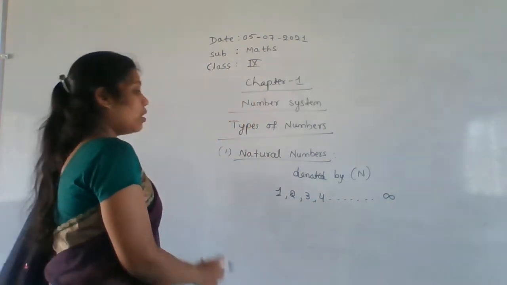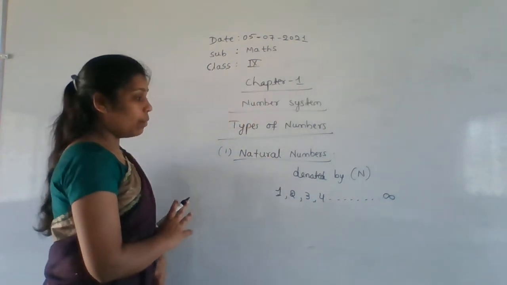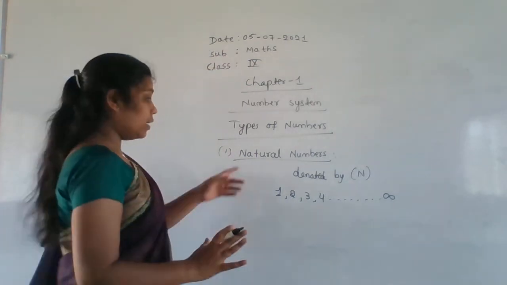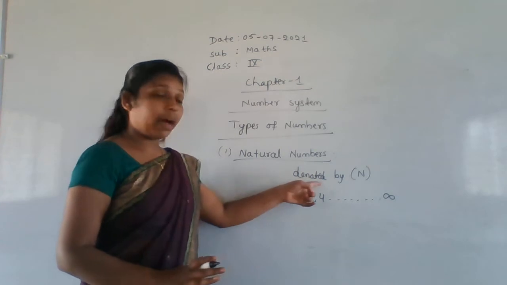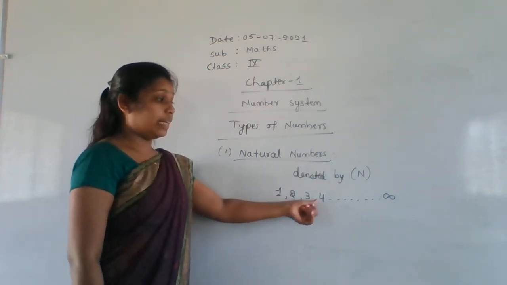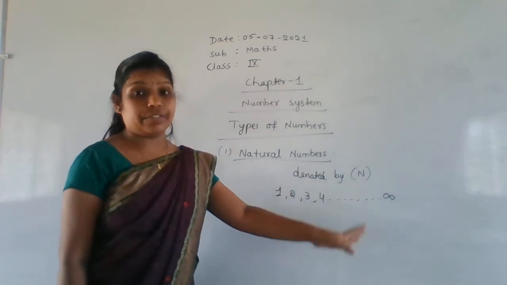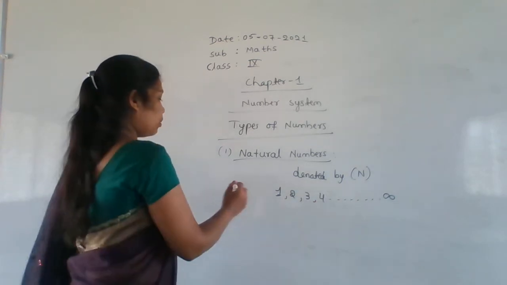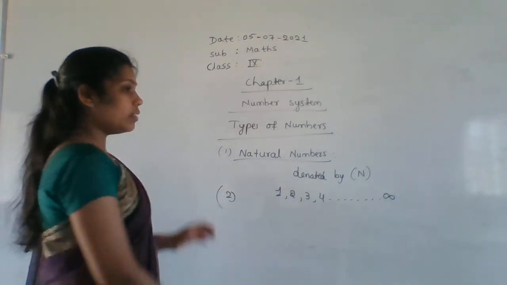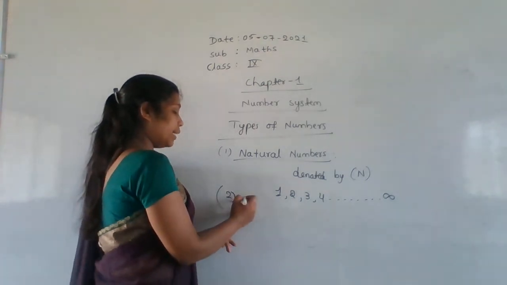Okay, so here first thing is natural numbers. Natural numbers are always denoted by the capital N, and the numbers are 1, 2, 3, 4, and so on to infinity. Okay, so next thing, after natural numbers, what is the second number here?